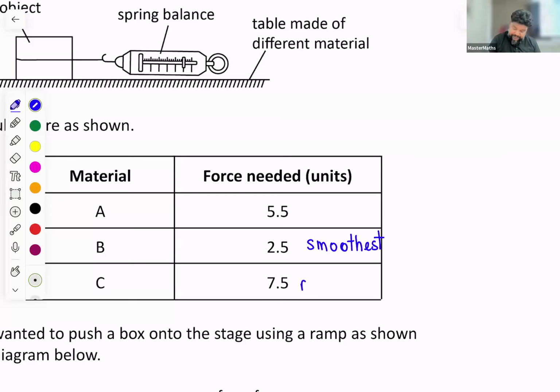C is the roughest. Now, when it is roughest, there is more friction. And this one has more friction.